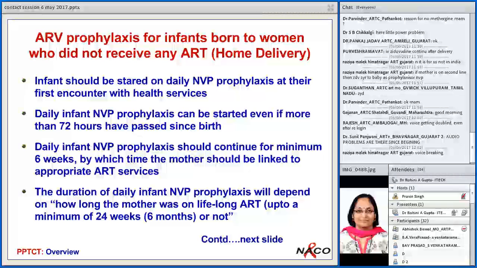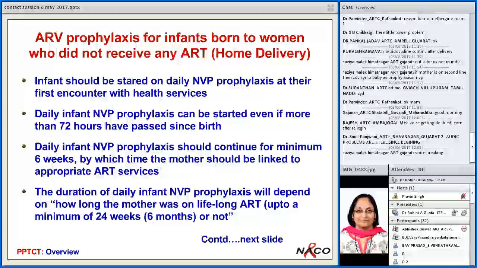ART prophylaxis for infants born to women who do not receive any ART, that is home deliveries. So we must start nevirapine prophylaxis at the first contact with the health services. Daily infant nevirapine prophylaxis can be started even if more than 72 hours have passed since birth.